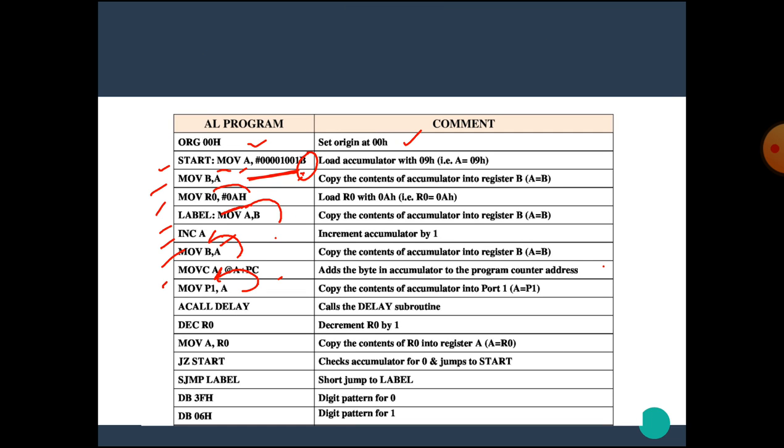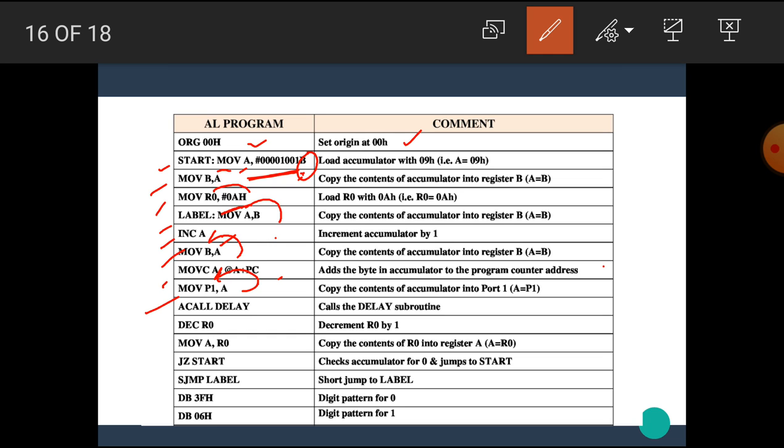The next instruction is ACALL delay. After the execution of this instruction, the delay subroutine is called, and after completion of the delay subroutine, the main program is executed. The next instruction is DEC R0. The next instruction is MOV A, R0, that means whatever value R0 has is now loaded into the accumulator.